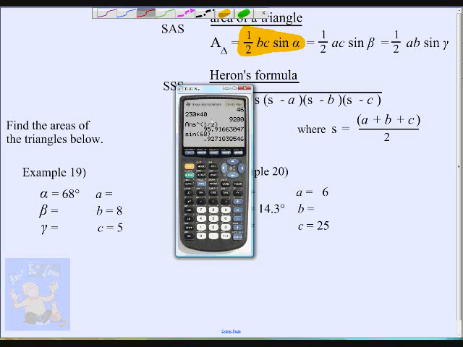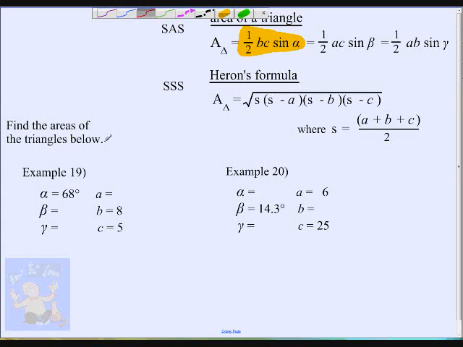Okay, 0.9272. So our area is going to equal 0.9272, and it's going to be 1/2 B times C, which would be 40.